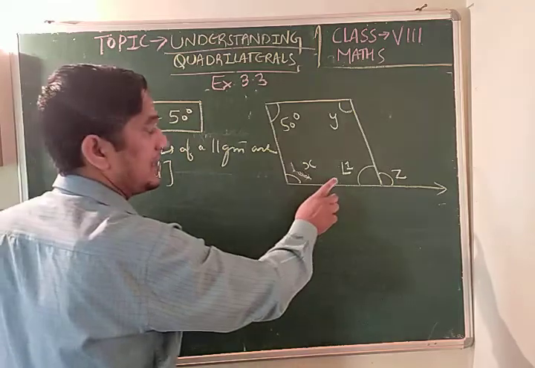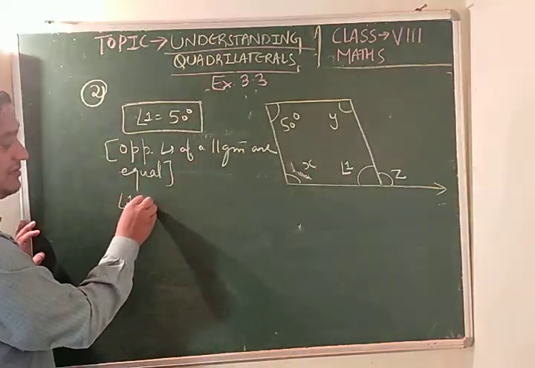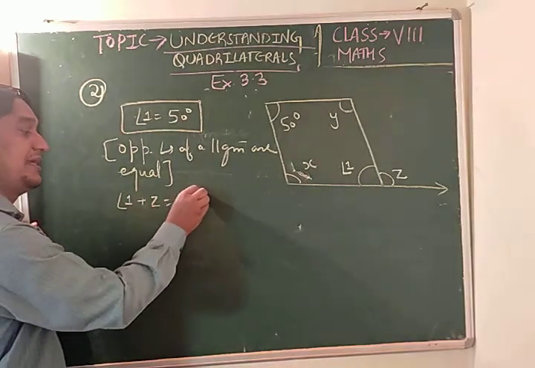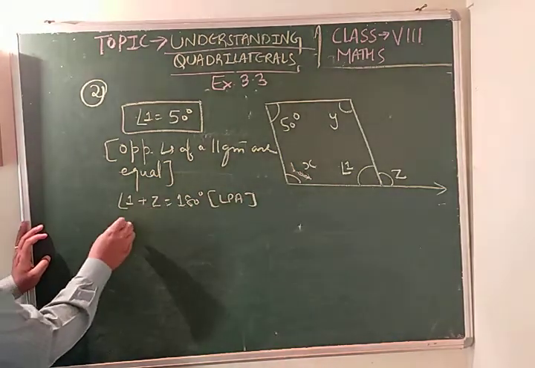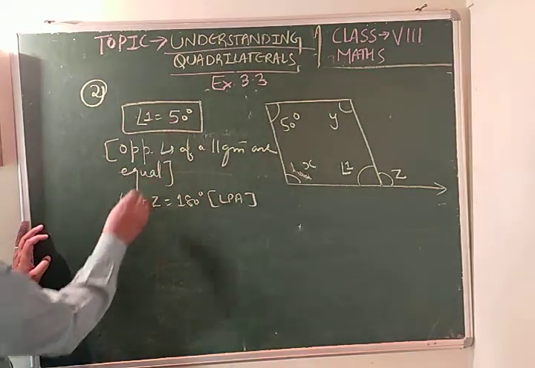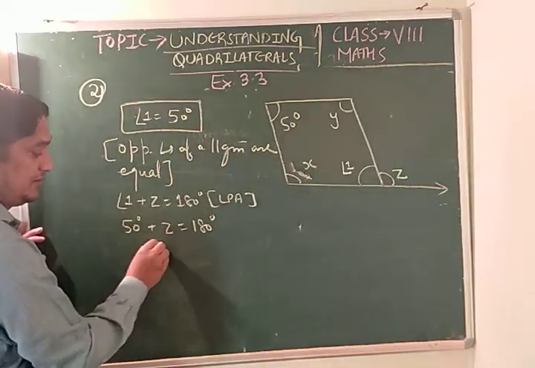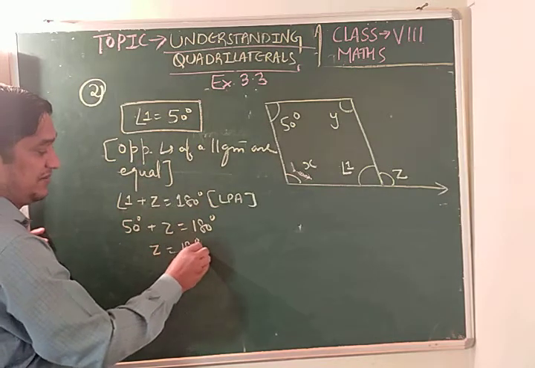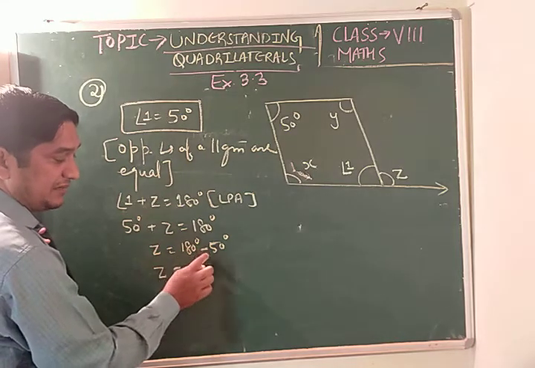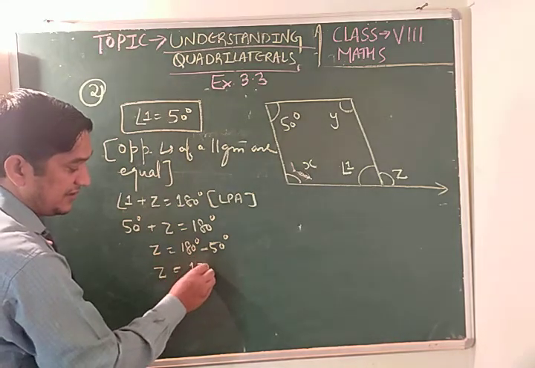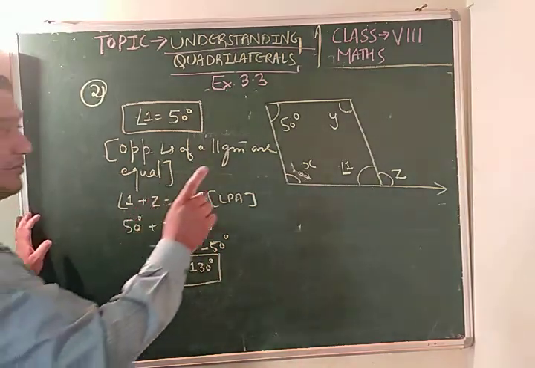Now angle 1 plus angle Z is equal to 180 degree, linear pair axiom. So the value of angle 1 is 50, plus Z equals 180 degree, Z is equal to 180 minus 50, it comes 130 degree.